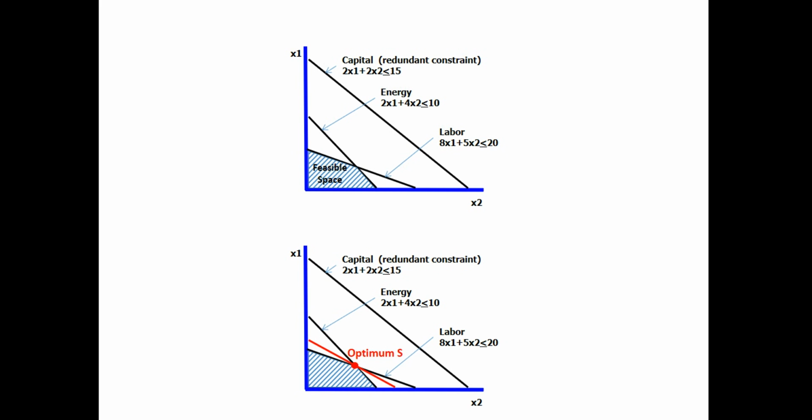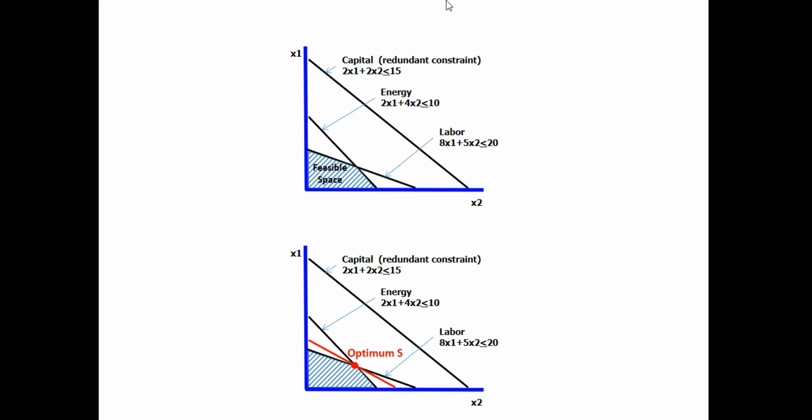This is not a name that I have made up; it is a name that is used in optimization problems. The feasible space is the region that we can choose our variables from, and if we choose our variables from this region, they will meet all of our constraints.